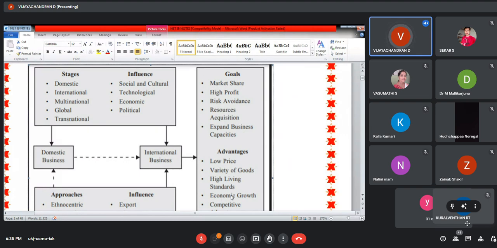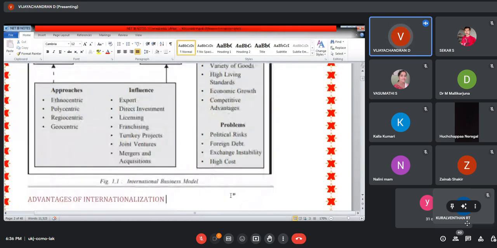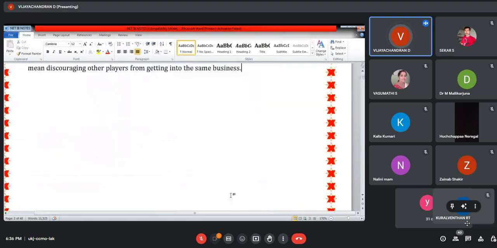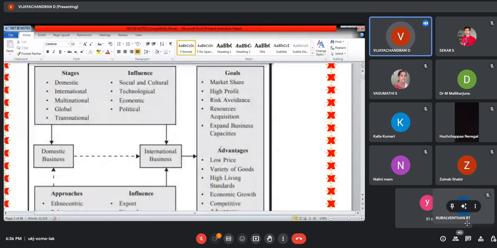But in China they will use the color black. So while going for international business, you have to see the social and cultural factors of the people, also technological, economic and political factors. Those things I've given in detail in the slide. But this chart gives the outline of international trade.